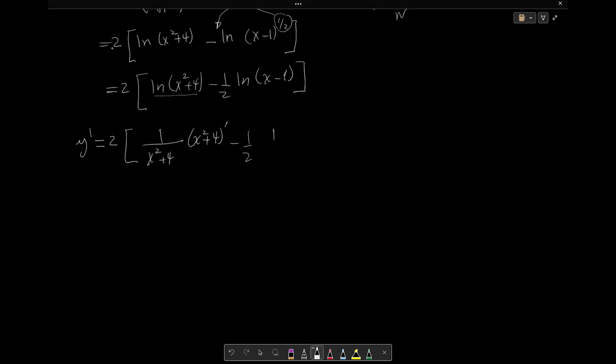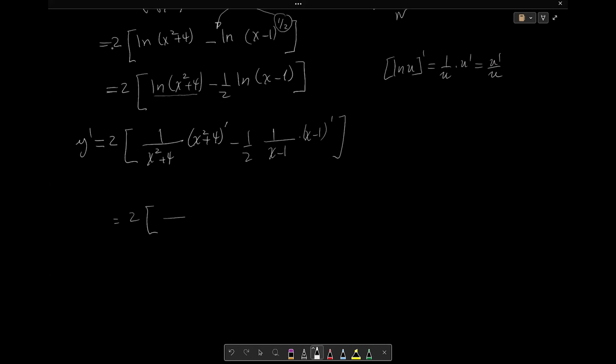Derivative of ln of x minus 1 is 1 over x minus 1 times the derivative of x minus 1. Chain rule. Ln of u prime is 1 over u prime, or u prime over u.